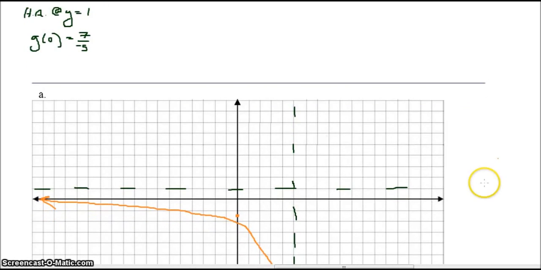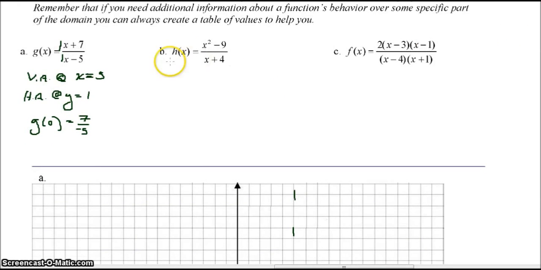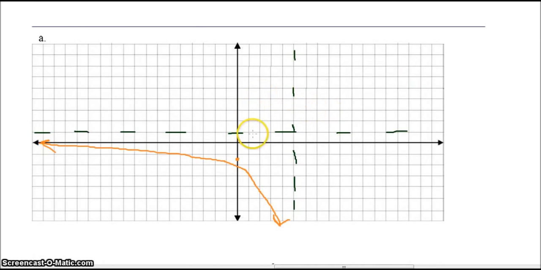Let's see, and I'm going to just plot some more values, like if we plot g of 6 is 13 over 1, 13. So 1, 2, 3, 4, 5, 6, we're way up here at 13, so that tells me we're going to have something that looks like that.